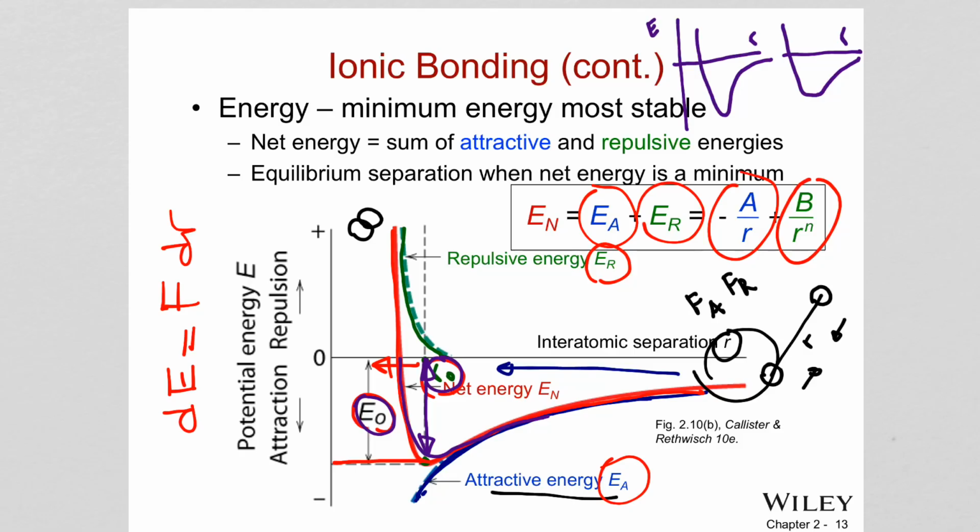If we want to compare both these materials, since the E naught is higher here compared to this one, this one has a higher melting temperature and high elastic modulus, but a low thermal expansion coefficient.